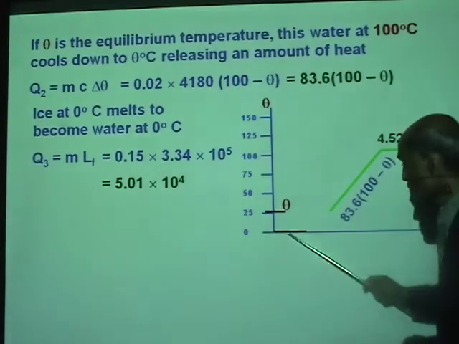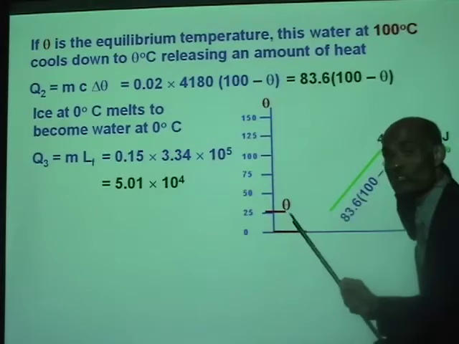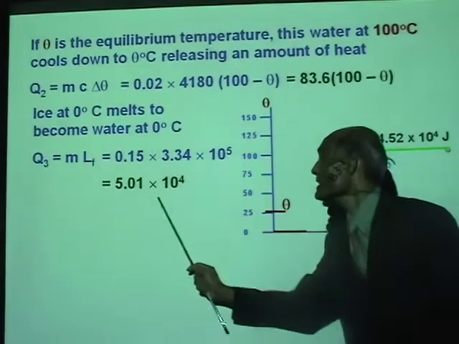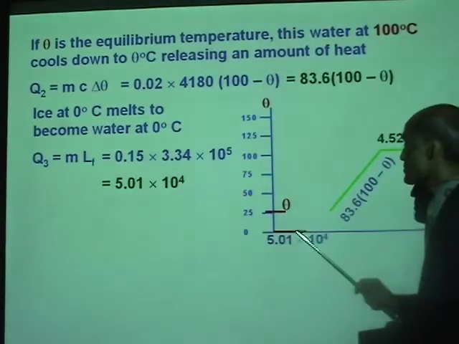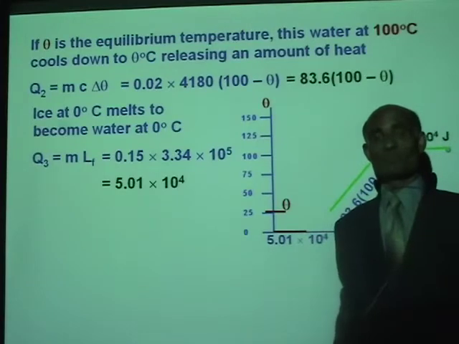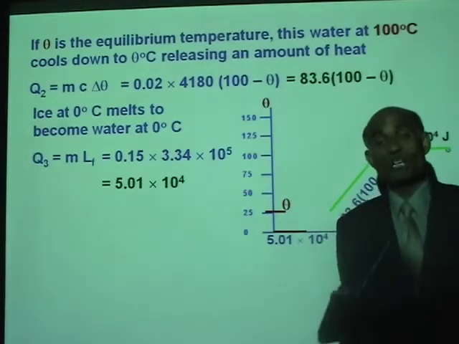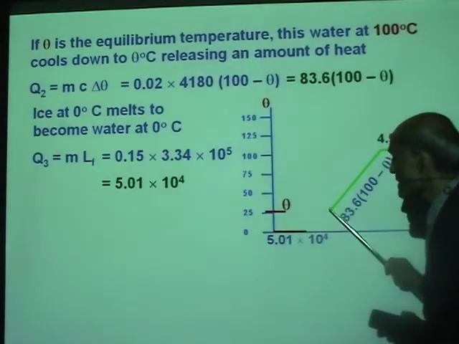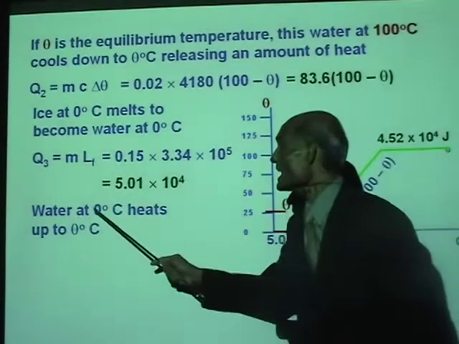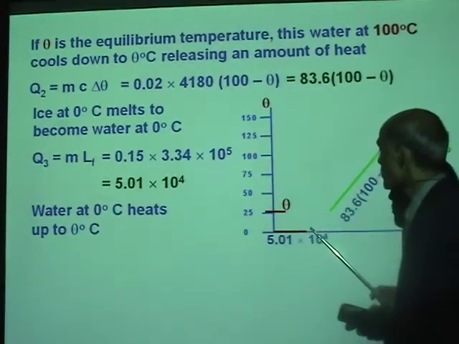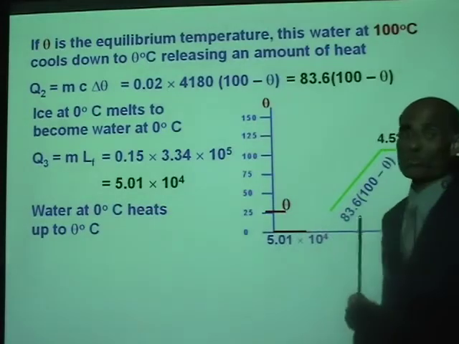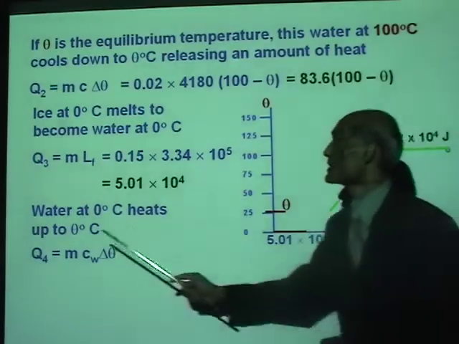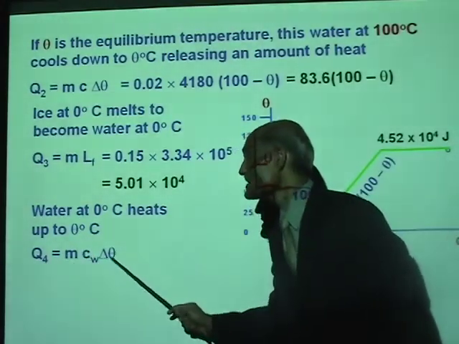Alright, so this is ice at 0 degrees. All that ice has now become water at 0 degrees, absorbing an amount of heat 5.01 times 10 to the 4. Now, what is going to happen to this melted water? Its temperature is now going to increase from 0 to theta. There you are. Water at 0 degrees is now going to heat up to theta degrees. What is the amount of heat absorbed by that? Q4 is mc delta theta.